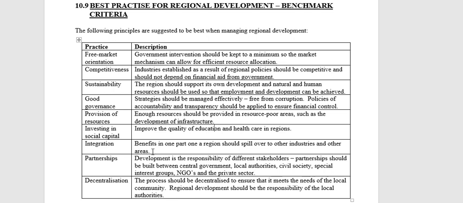In terms of integration, this means that any benefits gained in one part of a region should spill over to other industries and other areas as well. That is what I also explained earlier, when I said we source our stuff from local areas.